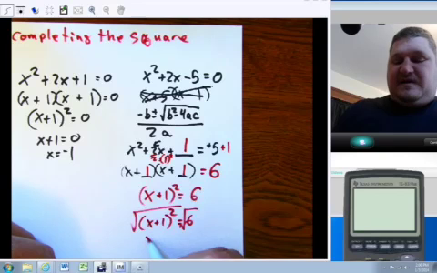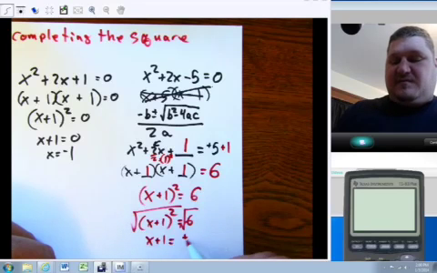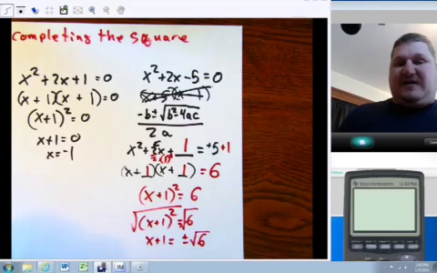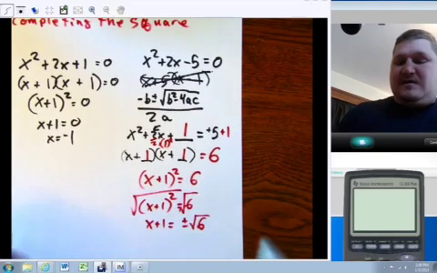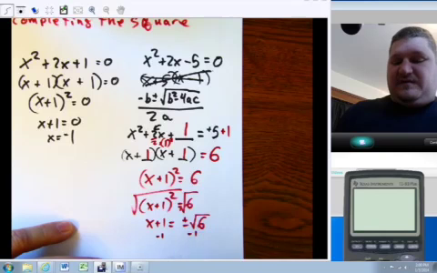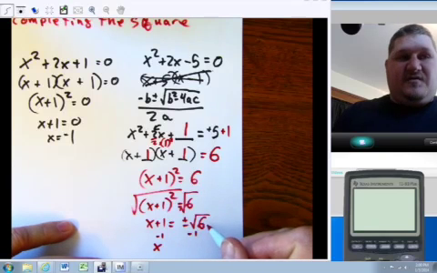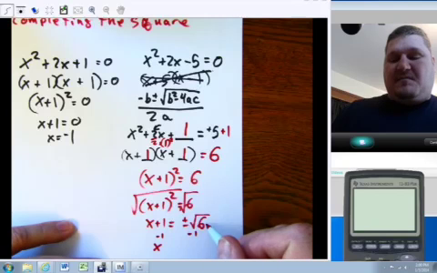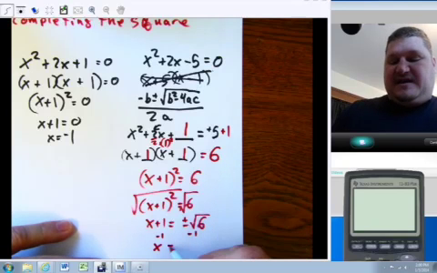If I do that, I get x plus 1 here and plus or minus root 6 over here. Well, all I have yet to do now is to subtract 1 from both sides. Now, I cannot ever take an integer away from a radical. So my answer is going to be -1 plus or minus root 6.